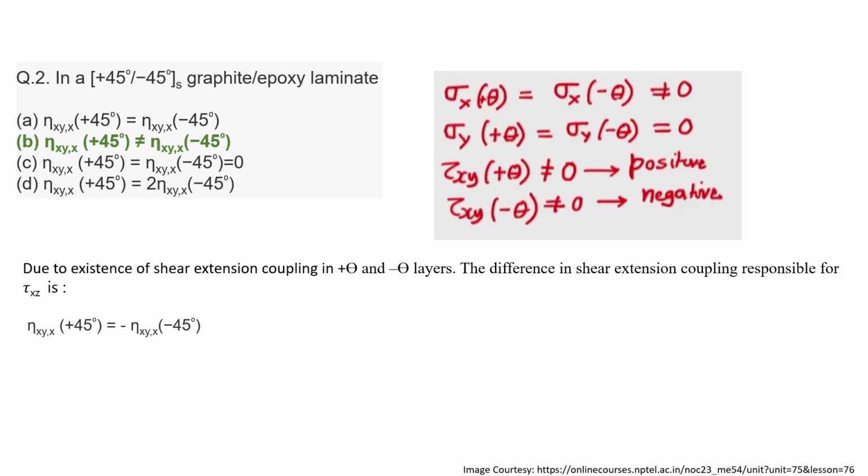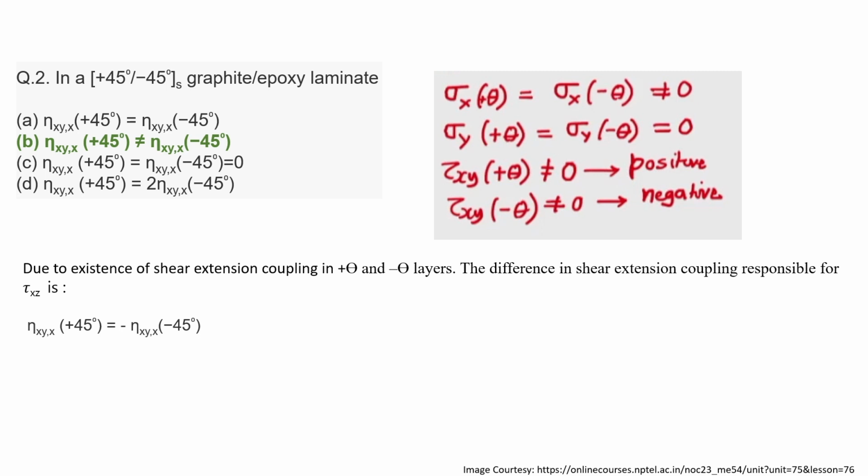Here, due to the existence of shear extension coupling in the positive theta and negative theta layers, the difference in shear extension coupling is responsible for tau xz.